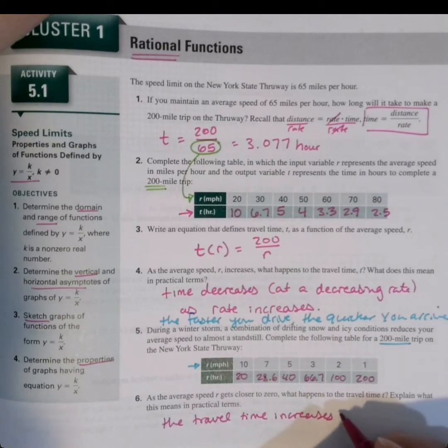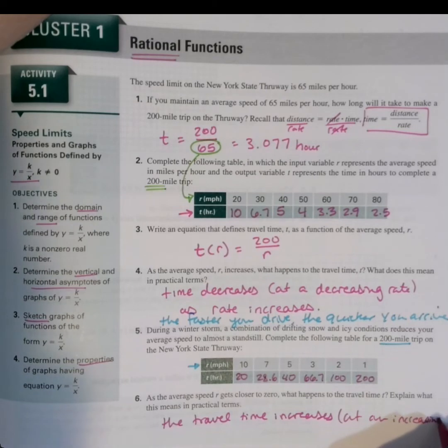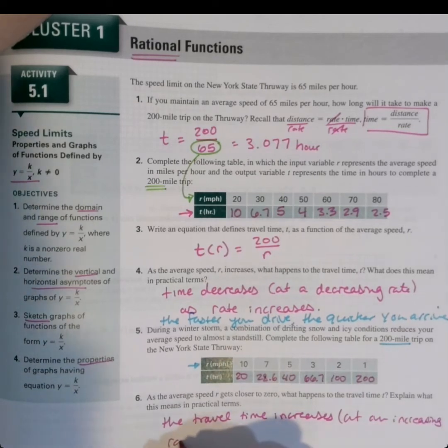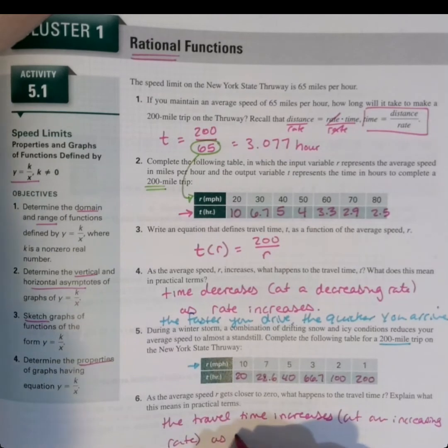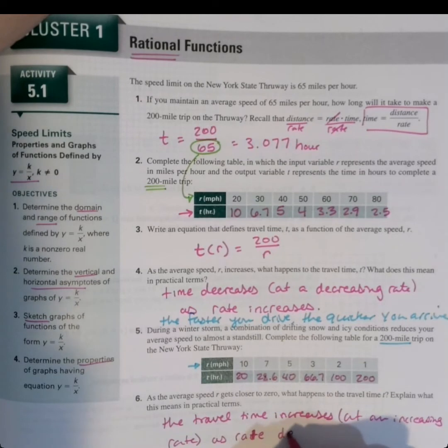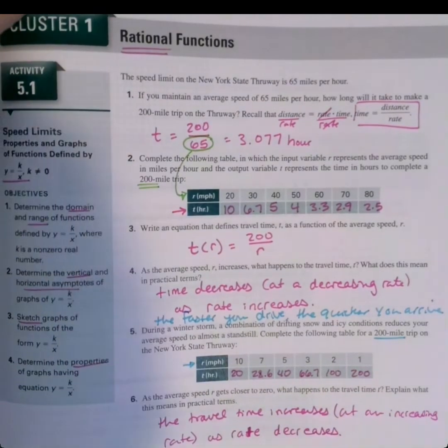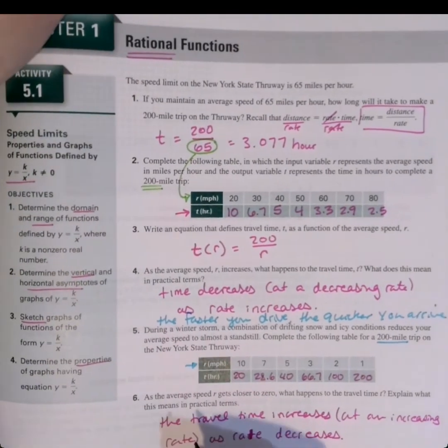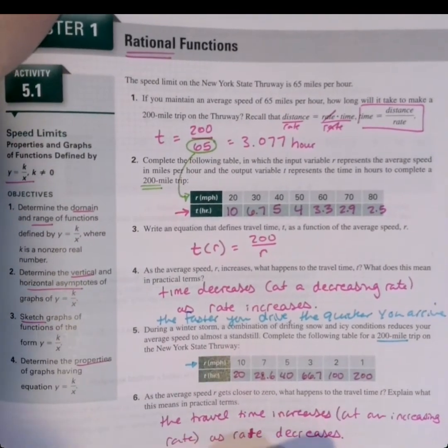So it increases at an increasing rate as the rate decreases. And then in terms of a practical meaning right here, the slower you drive, the longer it's going to take to get to your destination.